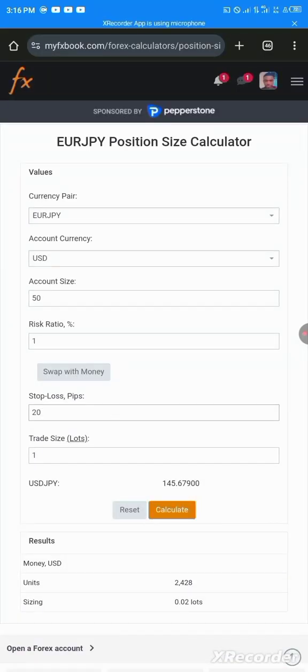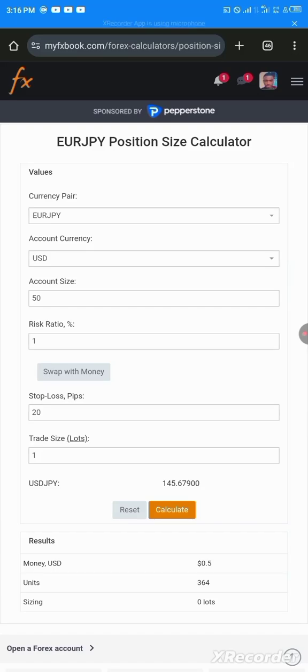Let's see the position size you're using. You can't use it. Why? Because the position size calculator is an aid for risk management.